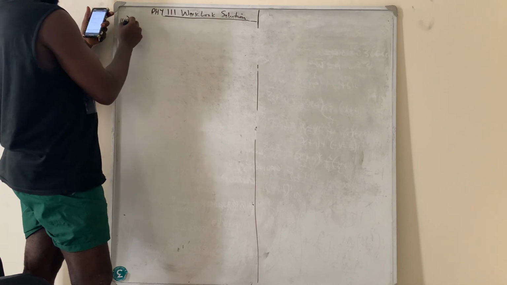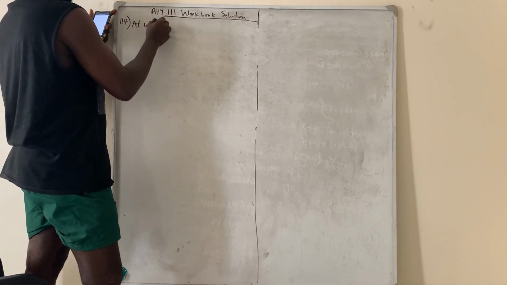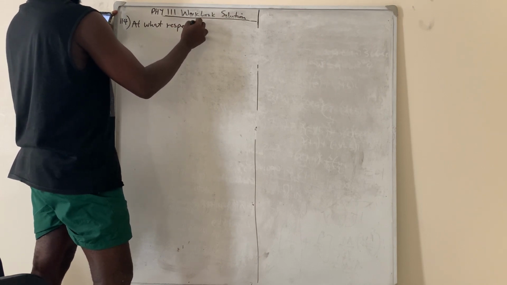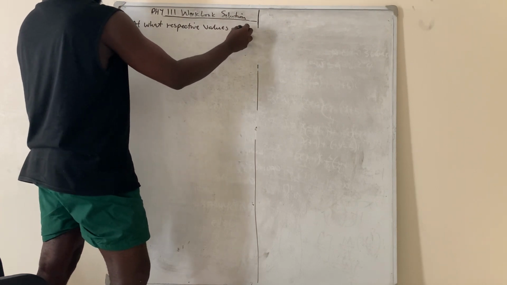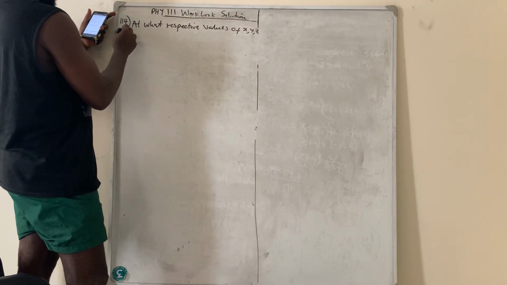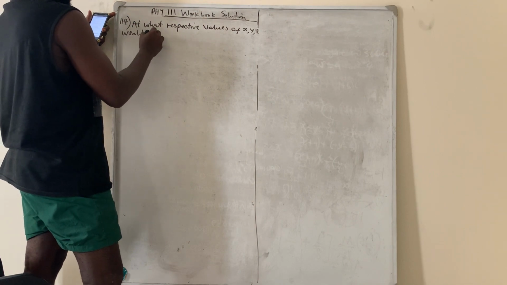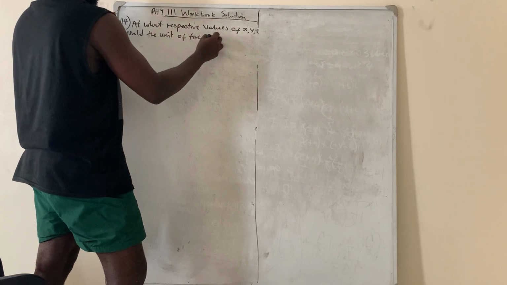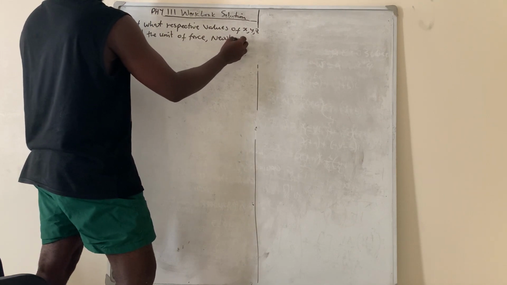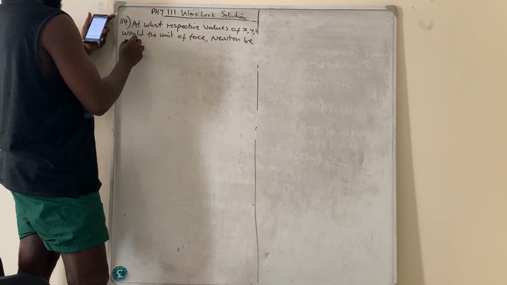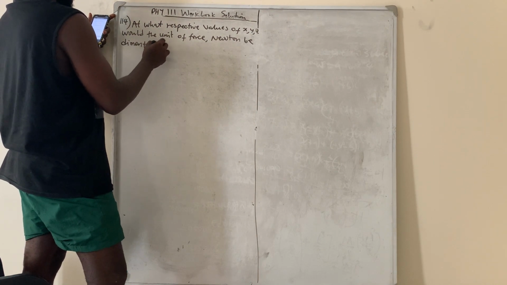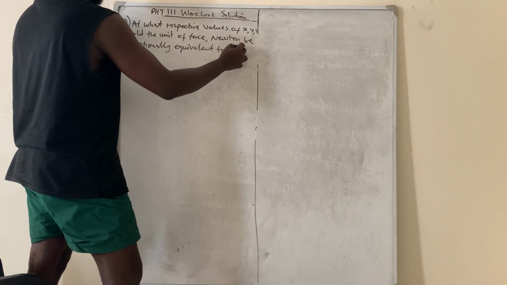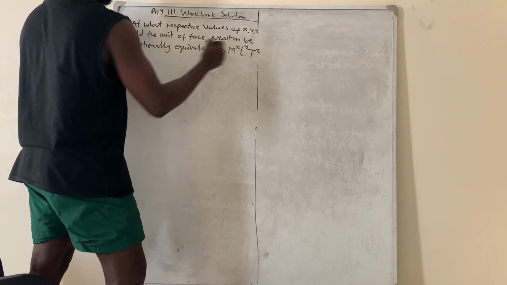Question number 114 said at what respective values of x, y, and z would the unit of force, Newton, be dimensionally equivalent to m raised to power x, l raised to power y, t raised to power z.